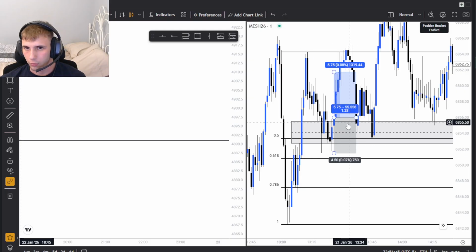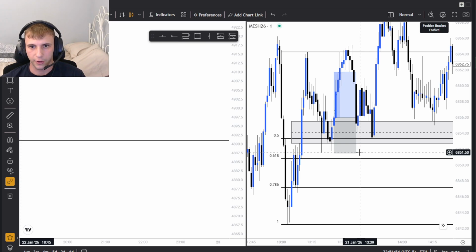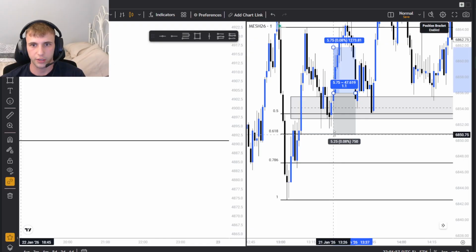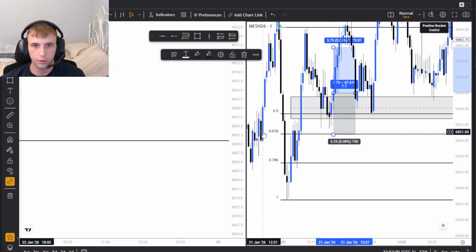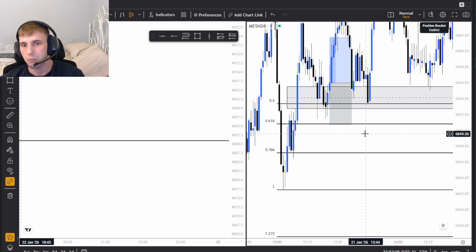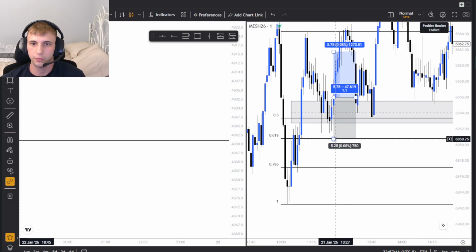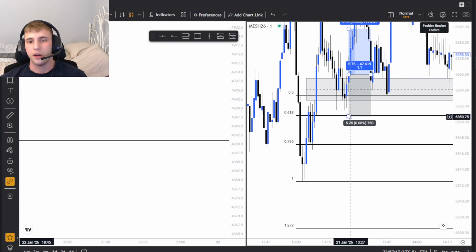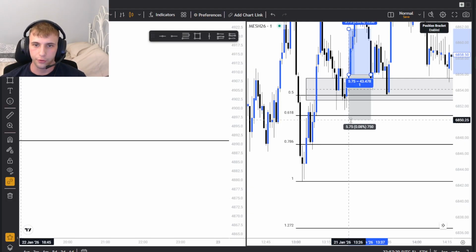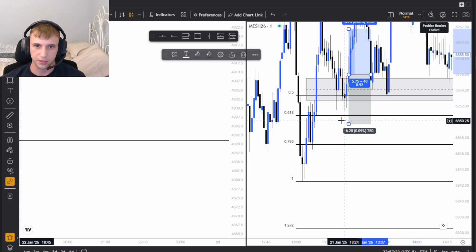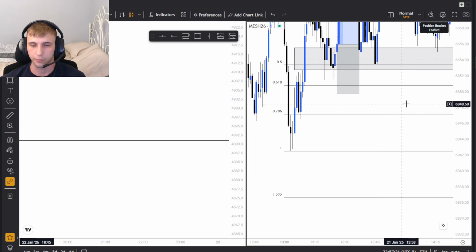Even though we broke structure on the 1-minute time frame, we changed order flow from bearish to bullish, there's still a very good possibility that price may want to come down a little lower and hit this 0.618 level, okay? It wouldn't be without reason. It's completely reasonable for price to come down and do this, right? So now, keeping that in mind, what we would want to do is put our stops below the 0.618 level, okay?